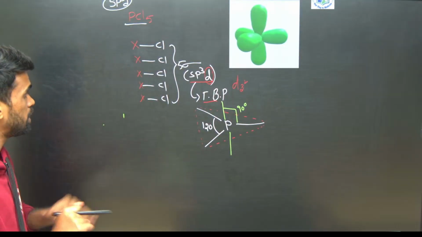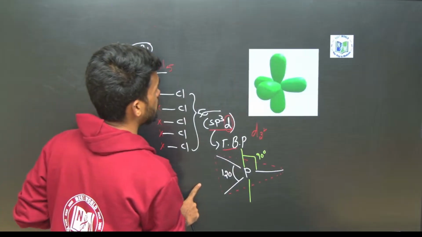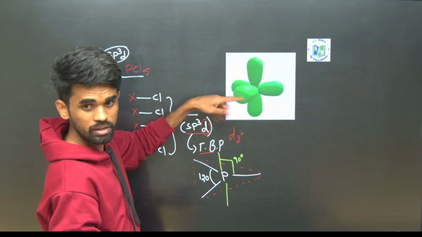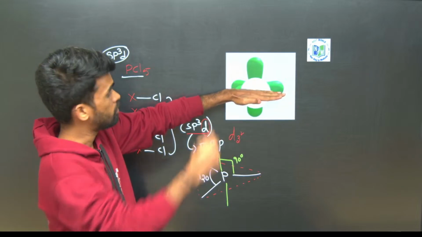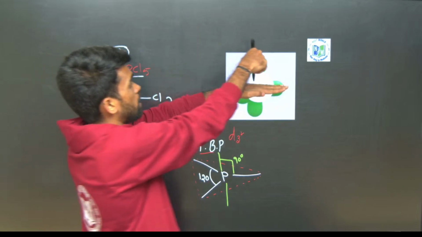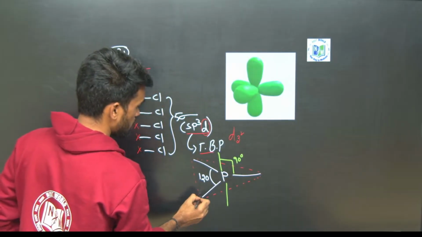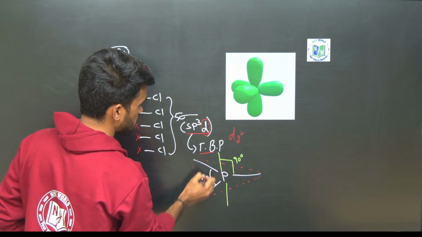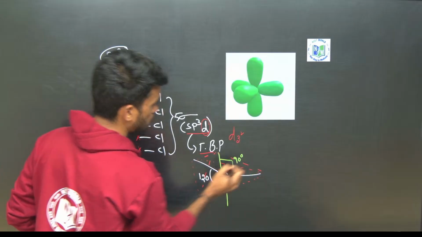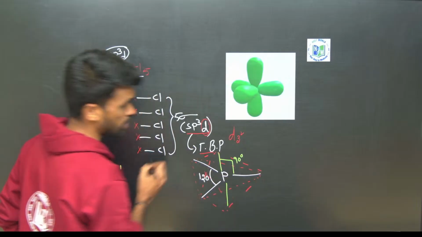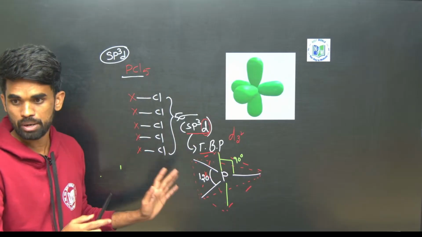Look at how it is looking, a triangle with a pyramid above and below. If I join these white lines with the above line, we are going to get a pyramid above as well as below. So trigonal bipyramidal, you can remember.